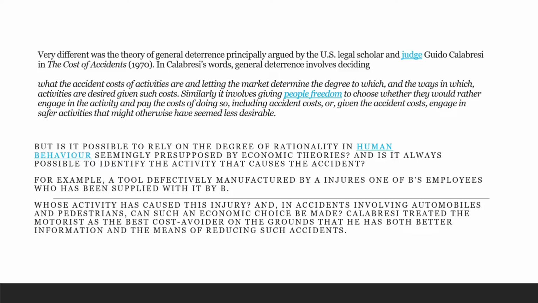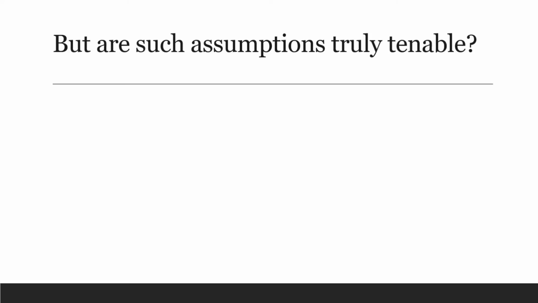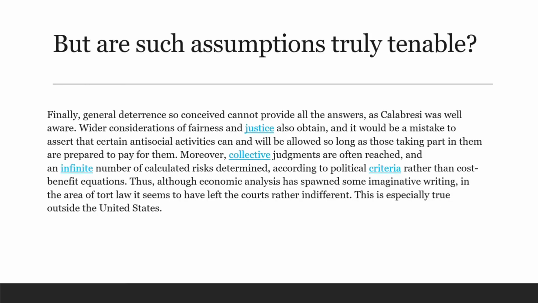And in accidents involving automobiles and pedestrians, can such an economic choice be made? Calabresi treated the motorist as the best cost avoider on the grounds that he has both better information and the means of reducing such accidents. But are such assumptions tenable?